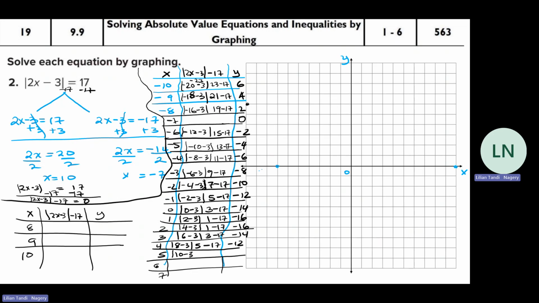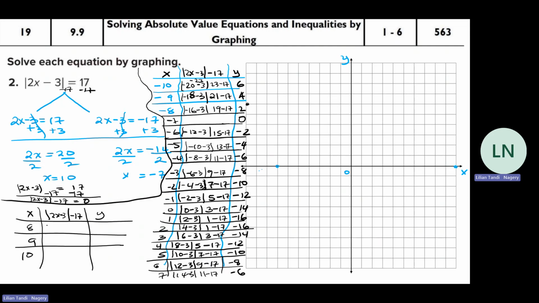This is 10 minus 3, which is 7. 7 minus 17 is negative 10. And then 6 is 12. 12 minus 3 is 9. 9 minus 17 is negative 8. 7 times 2 is 14. 14 minus 3 is 11. 11 minus 17 is negative 6.